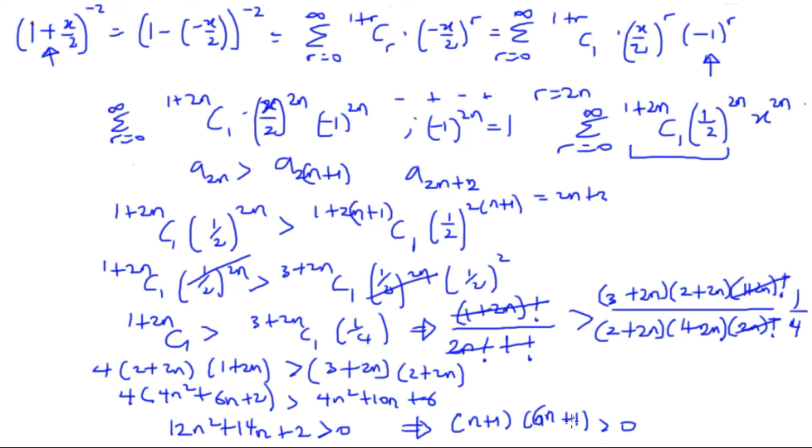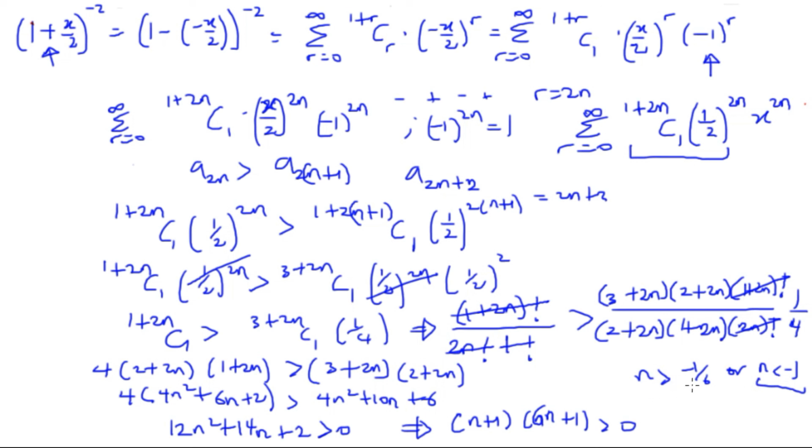So if you solve this quadratic inequality very well, you should have n greater than minus 1 upon 6, or n less than minus 1. If you do that correctly, we do not need n less than minus 1, because it consists of only negative numbers, and our n cannot be negative.